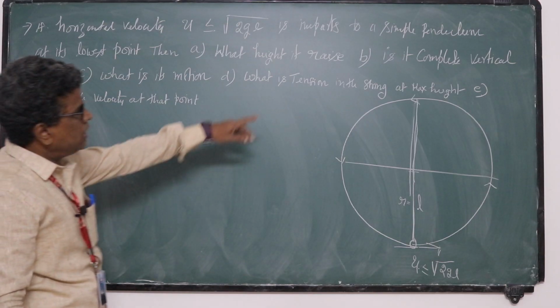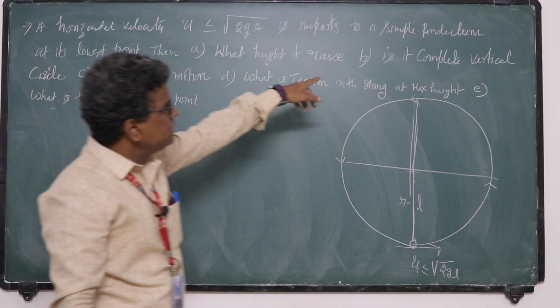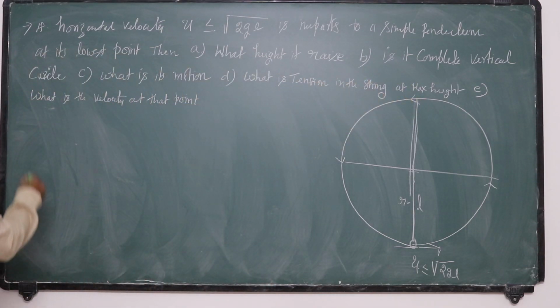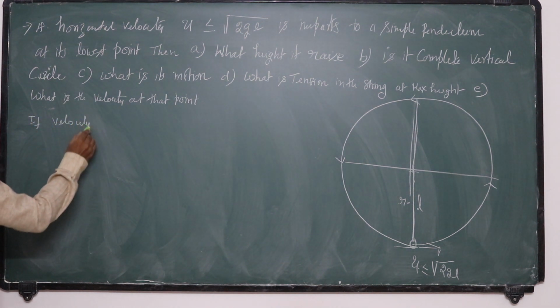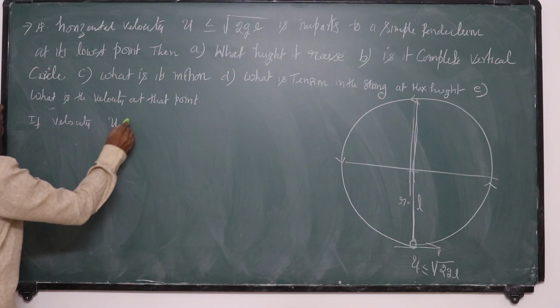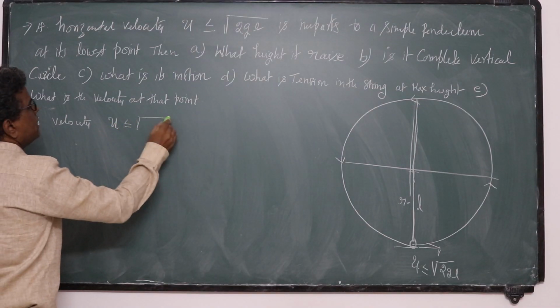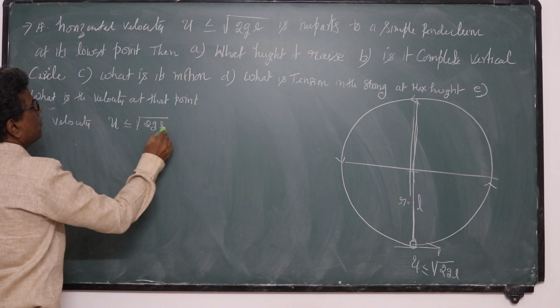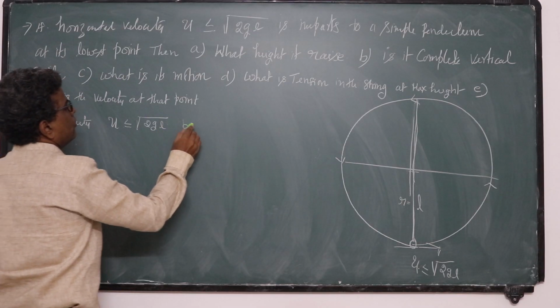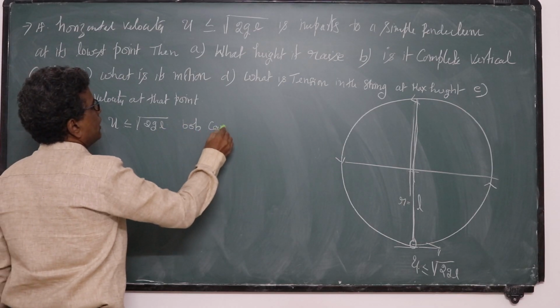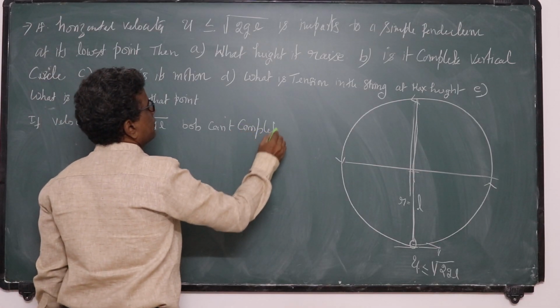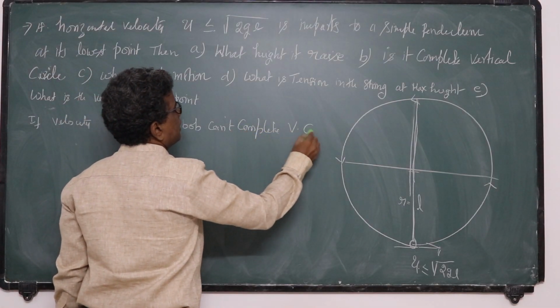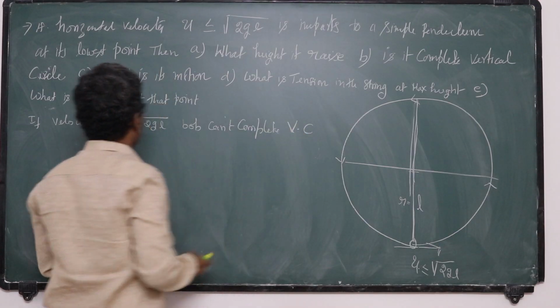So if the velocity is less than the critical velocity, less than root 2gl, the bob cannot complete the vertical circle.